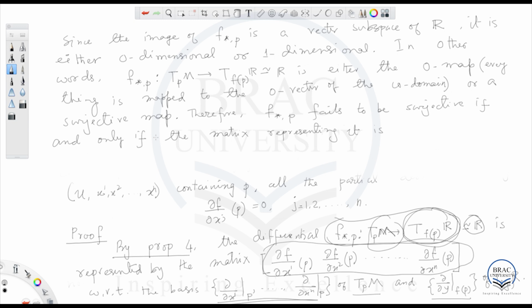In which case the image is one-dimensional.